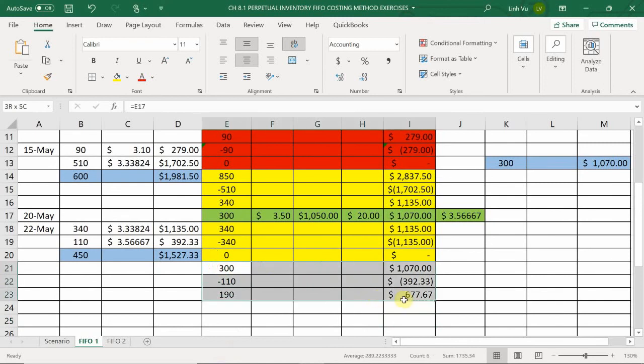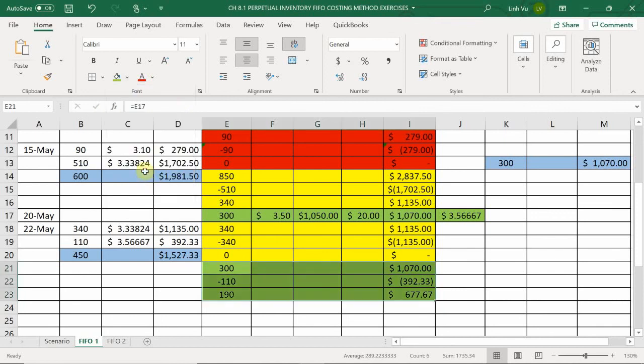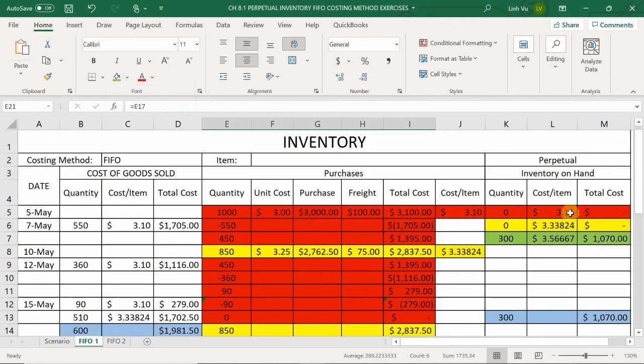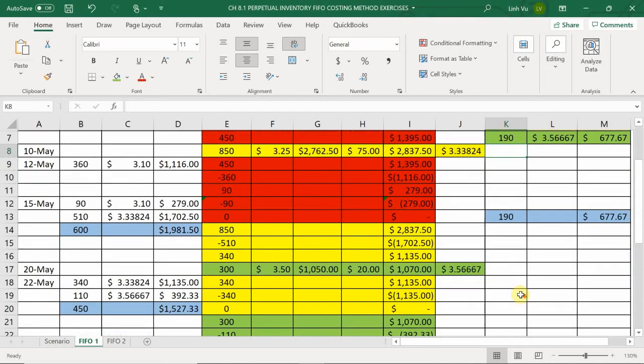Okay, and this was all from my green batch of inventory. So therefore, I need to update this. So let's see, what is this? 300, and I should have 190 left. So there you go. Boom. I should have 677.67 left. Okay. All right.